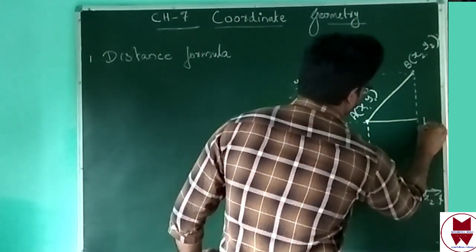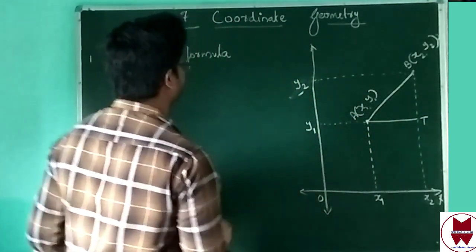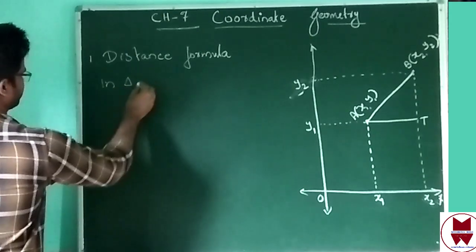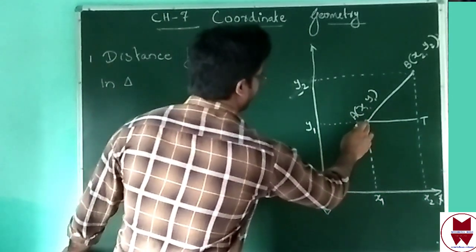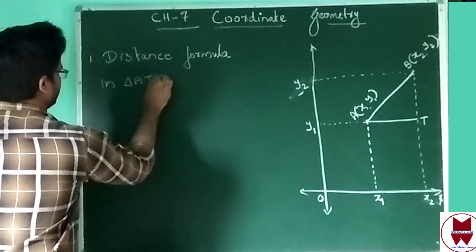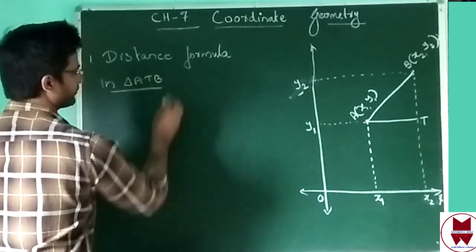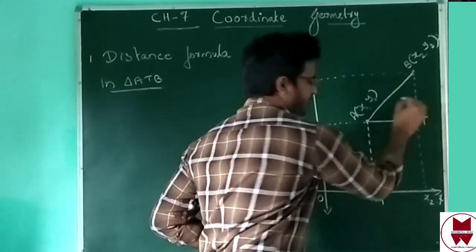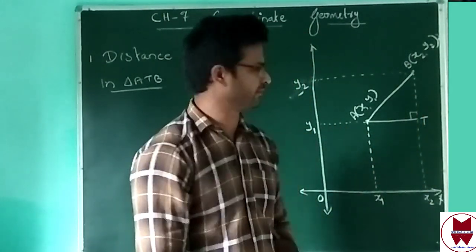Give a name, anything. I am just giving T. In this you can see one triangle A, T, B. Which type of triangle is this one? This is a right angle triangle, 90 degrees.